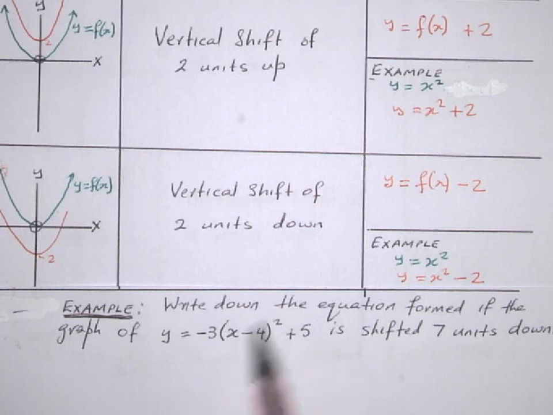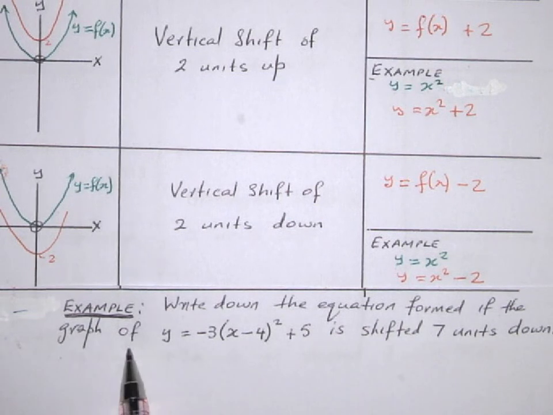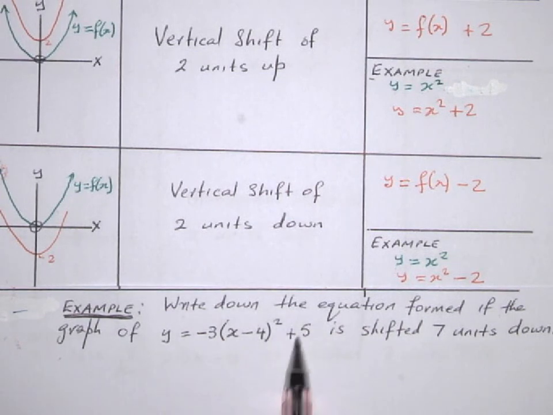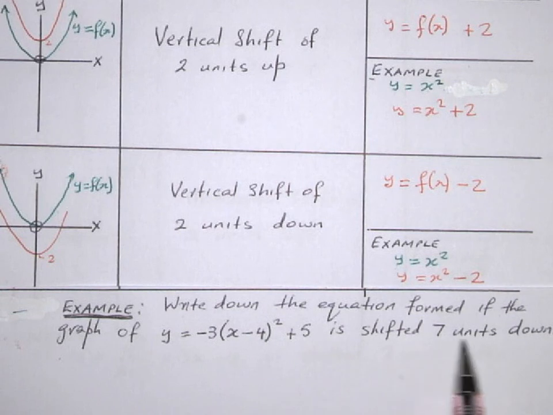Let's look at one that may be complicated. They can give you this in an exam. They say write down the equation formed if the graph of y is equal to blah blah blah is shifted 7 units down.